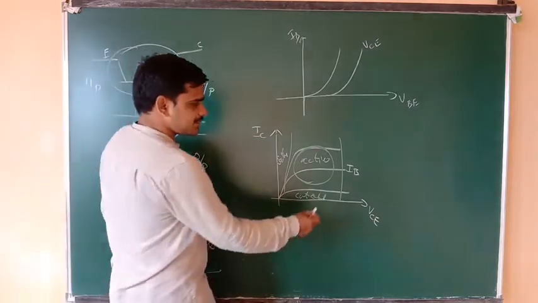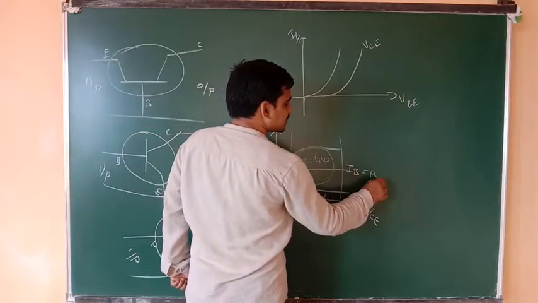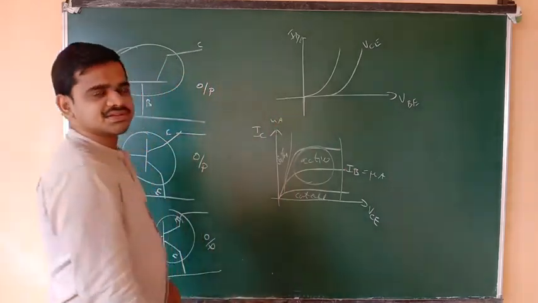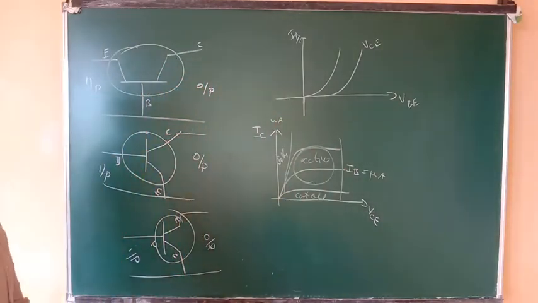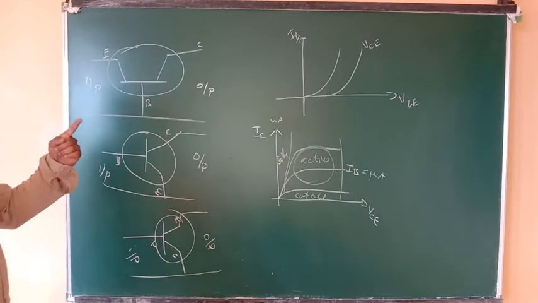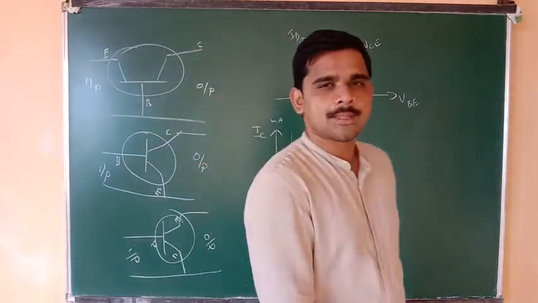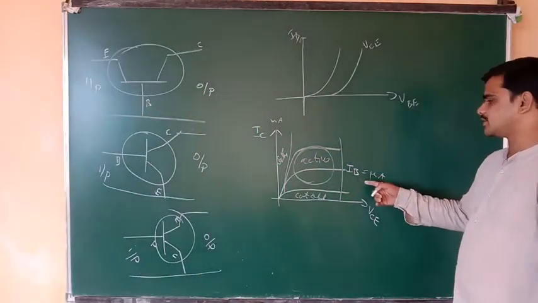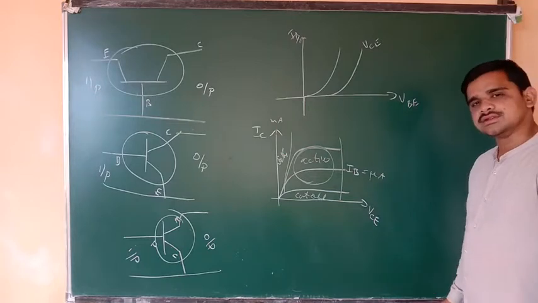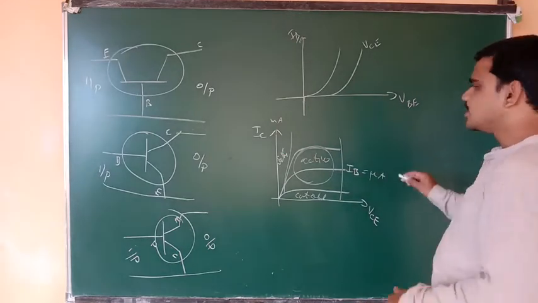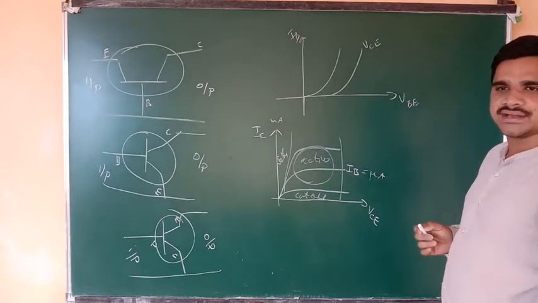The base current which we give is in microamperes, whereas the output current we get is in milliamperes. The collector current is more because the collector is heavily doped. That's why it is amplified. Actually, we are giving microamperes, but we are getting milliamperes, so the current has been amplified.